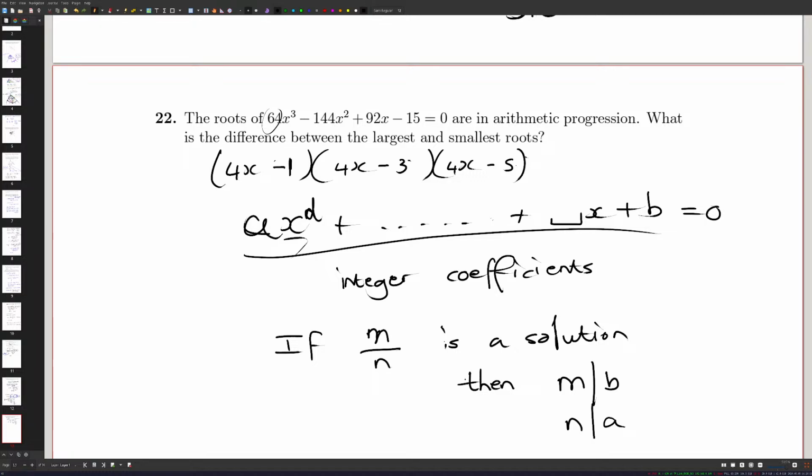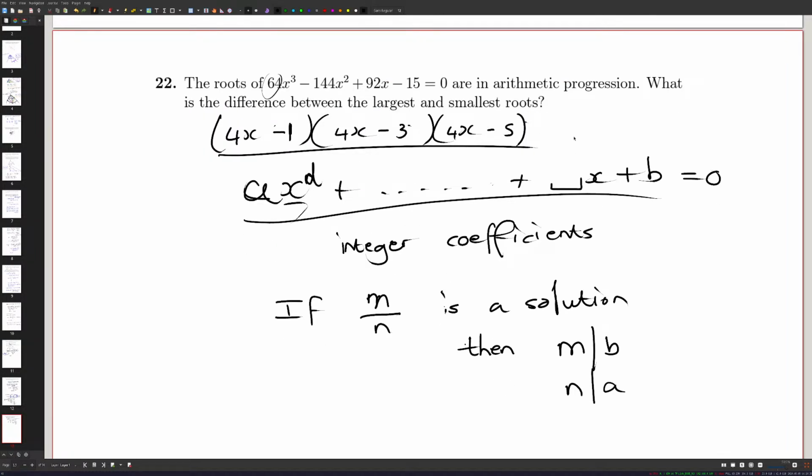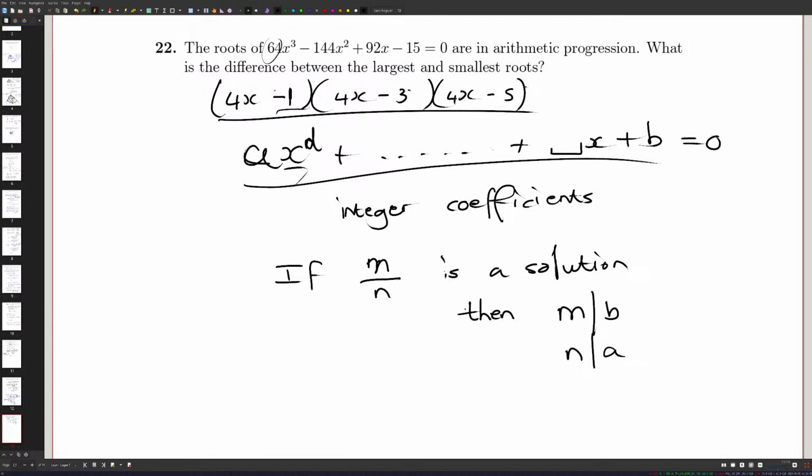16 times 9 is 144. Well, okay, that's stupid. I think this is just a factorization, but I've got nothing to justify that other than, wouldn't it be nice if it was? The 135 also is because I knew the roots are in arithmetic progression, like they said, so I made these in, it's going to be 1/4, 3/4, 5/4 as the roots in this case.